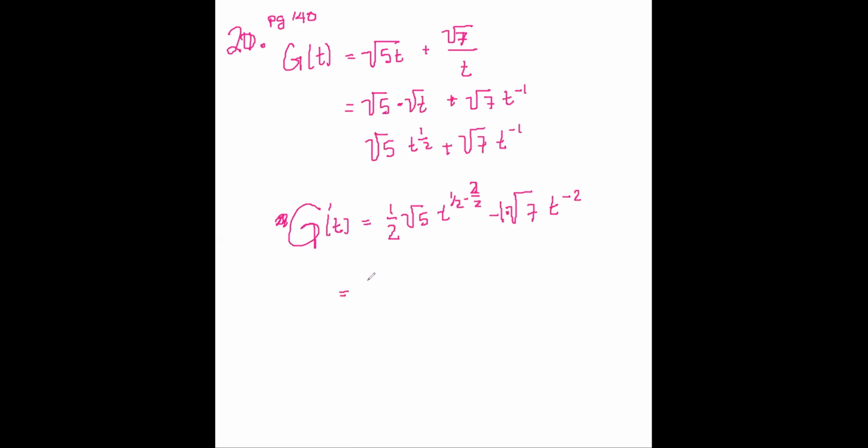So this can be rewritten as square root of 5 over 2 t to the -1/2 minus, it's not a t, that's a 7, t to the -2. And then we can also rewrite it as this.